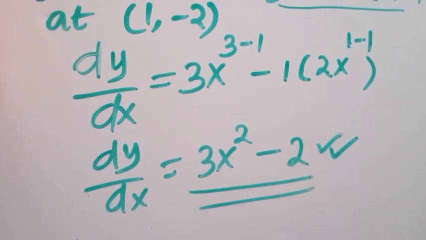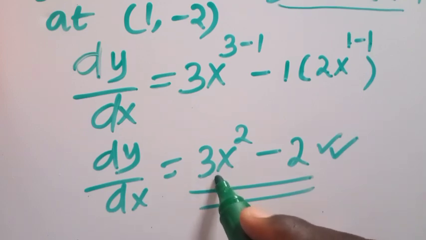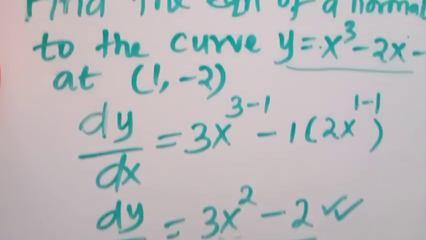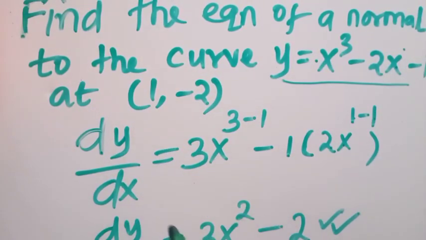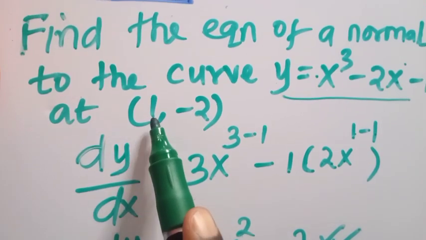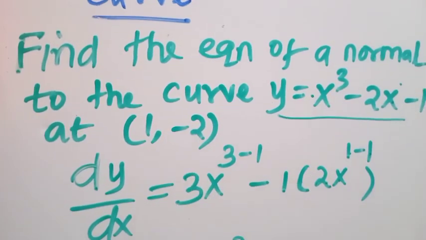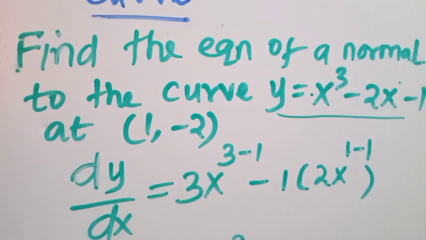Since we have the gradient function as 3x squared minus 2, we need to find the value of the gradient by substituting the value of x with 1, because we have been given the point 1 comma -2.